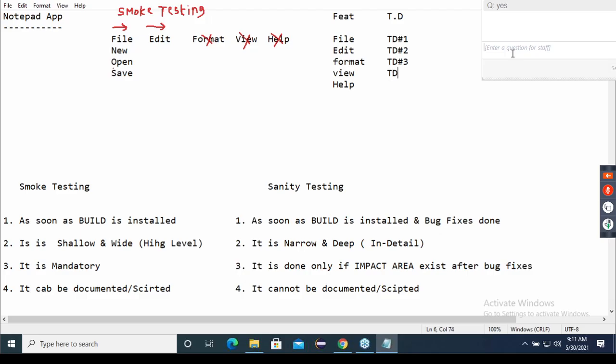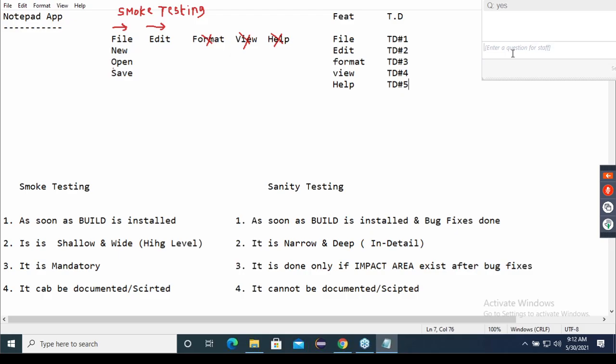Now tell me, whatever test documents I'm writing, am I writing them before testing or after testing? Test document number 5. For every module I have written one test document. Before testing or after testing? Before. Perfect.